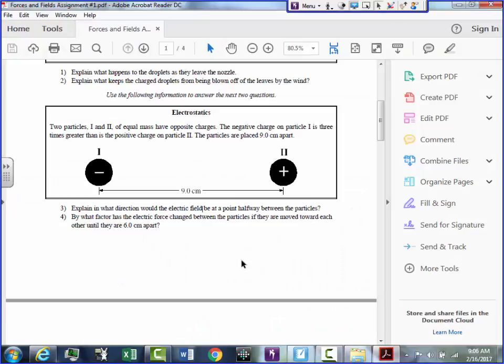Okay? Find your assignment. Now that we know this information, let's answer number 3. In what direction would the electric field be at a point halfway between the particles? If you were a positive charge, because we had to pick one, just randomly, a field is going to be described as what would a positive do. If you were right here as a positive charge, which way would you want to be attracted?